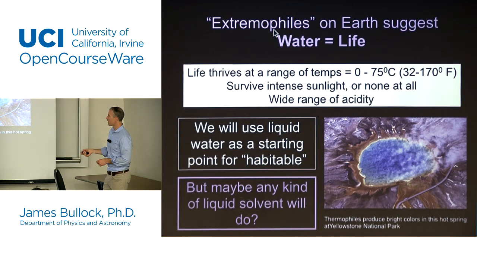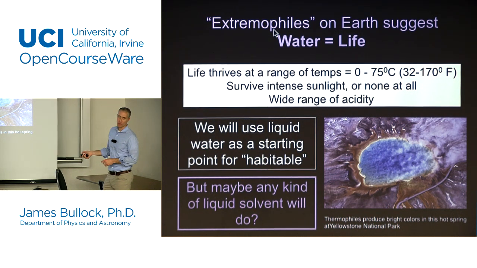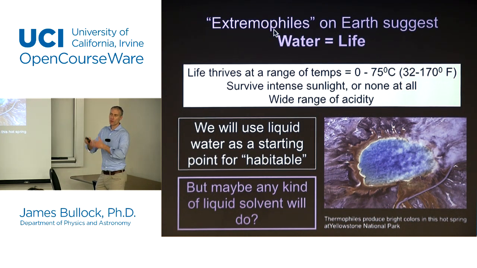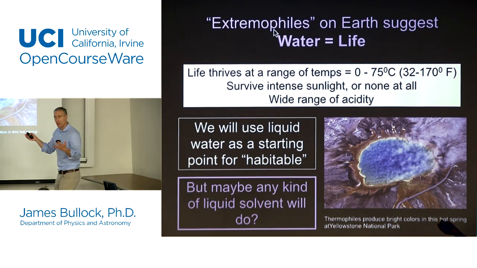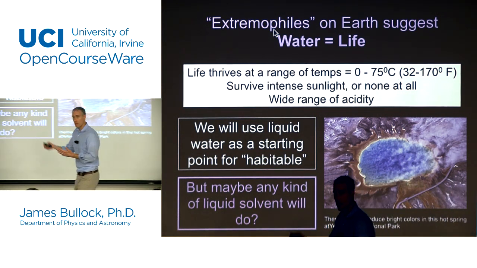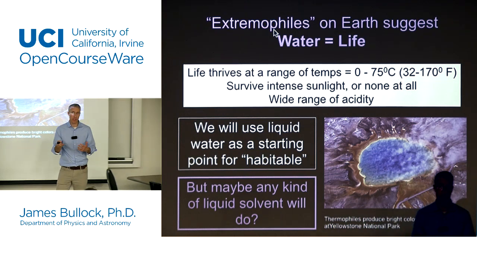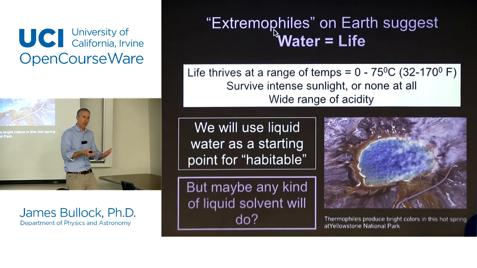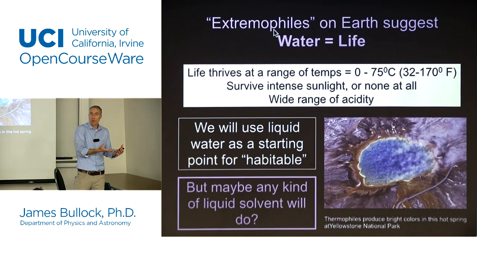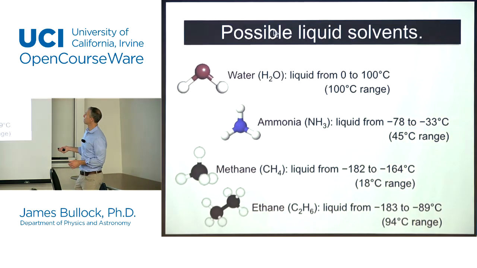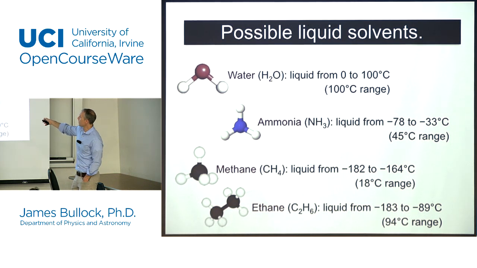But maybe any kind of liquid solvent will do. Life on Earth relies on having a liquid solvent for these interesting chemical reactions to happen and be sustained. But people have thought about the possibility that maybe it doesn't have to be water. Maybe any kind of liquid could host some kind of life form. For example, water is a great liquid solvent because it's liquid from 0 to 100 degrees Celsius.